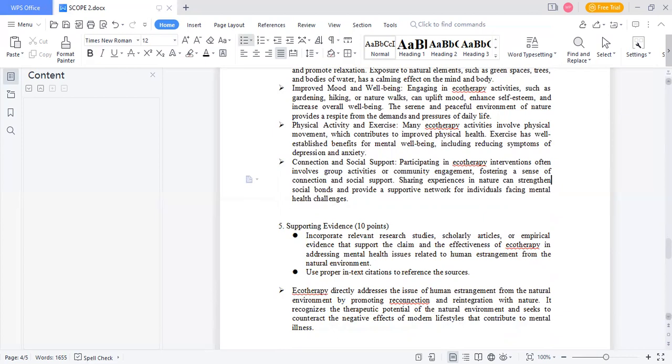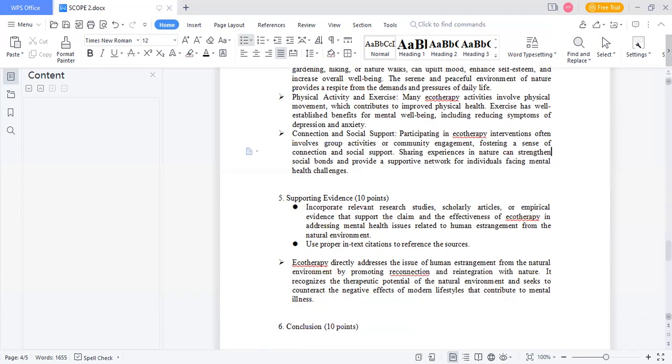Right. So for the supporting evidence, incorporate relevant research studies, quote scholarly articles or empirical evidence that support the claim of the effectiveness of ecotherapy in addressing mental health issues related to human estrangement from the natural environment. Use proper in-text citation, especially if it's an academic essay.